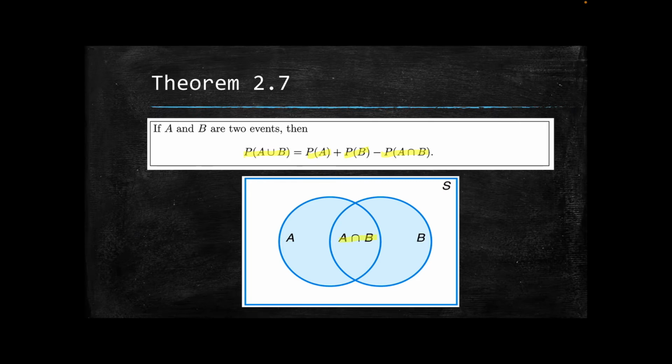Since these probabilities add up to P(A intersection B), we must subtract this probability once to obtain the sum of the probabilities in A union B.